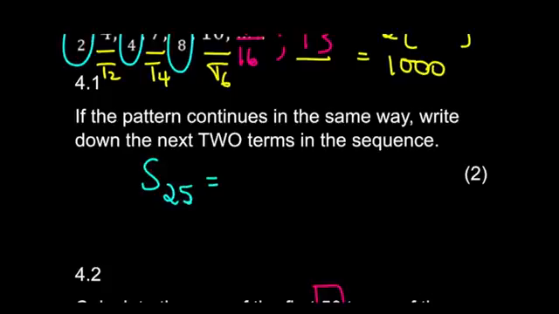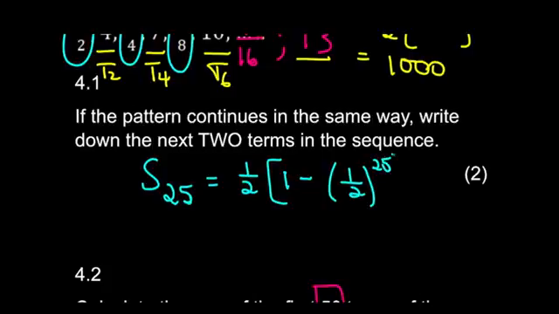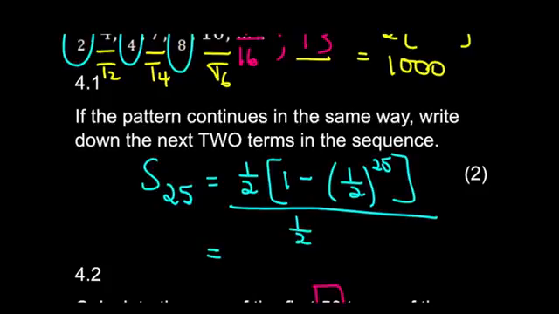would be geometric, so it would be A into 1 minus r to the 25, which is... what did we get our r as? A half. So 1 minus a half. Okay, let us just fix that up there. And we need the blue, so it's a half to the power of 25 divided by 1 minus a half, which is a half. So our sum of 25 would be very small.